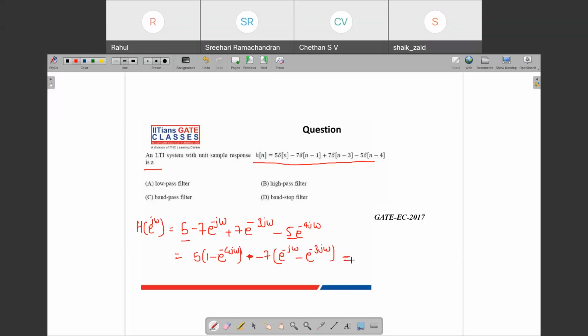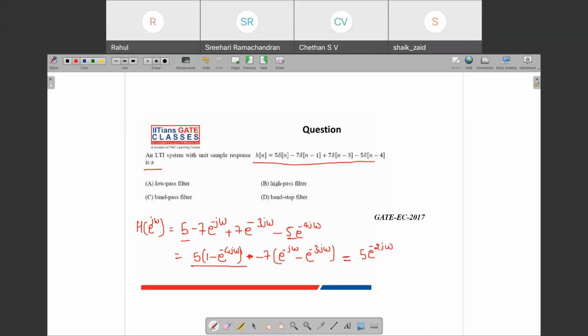Okay. Now here, just like we did a few slides back, you can take something common such that it becomes some kind of cos or sine form. So take the e to the power minus 2 j omega common here.